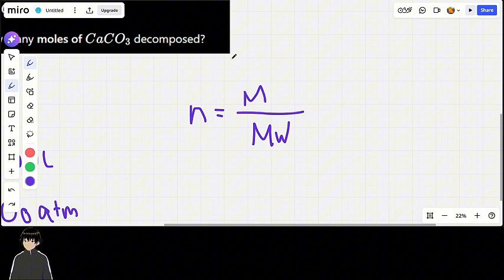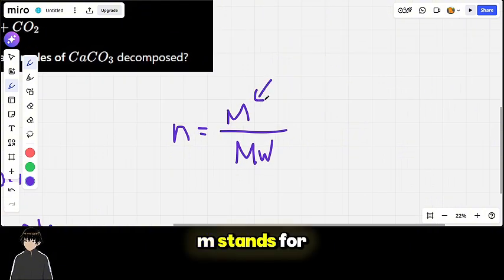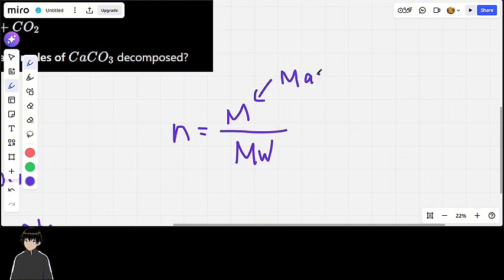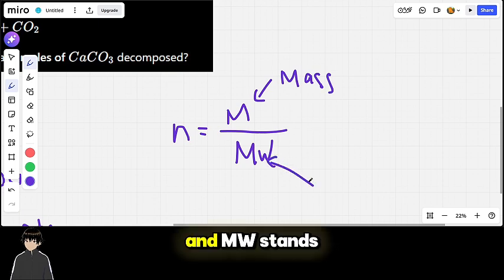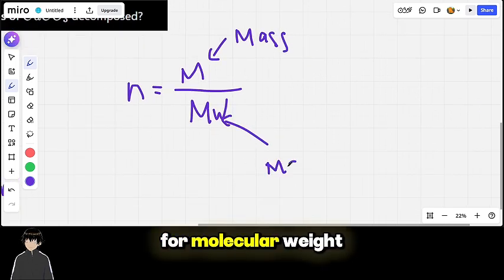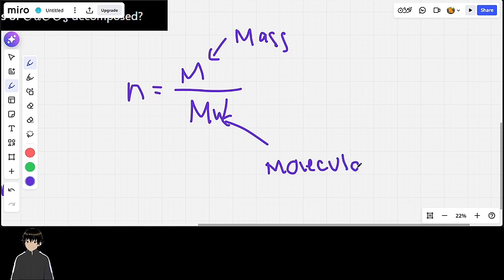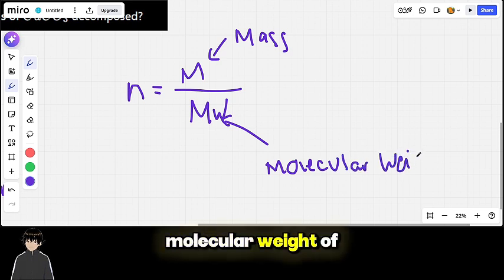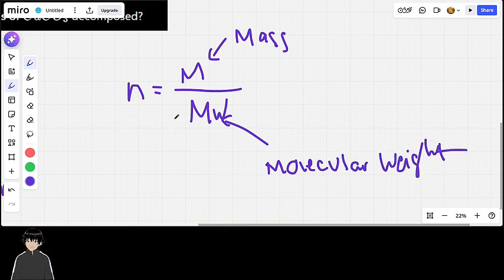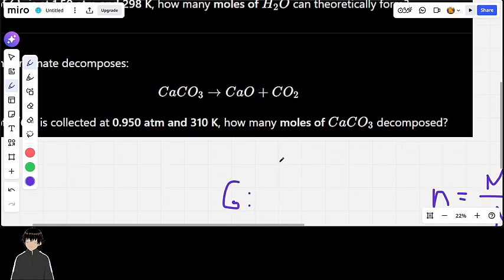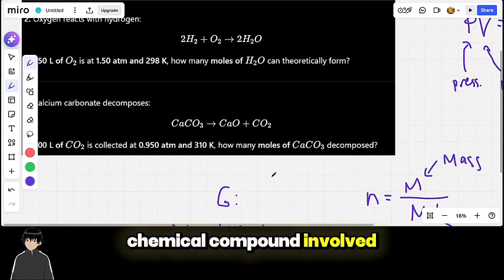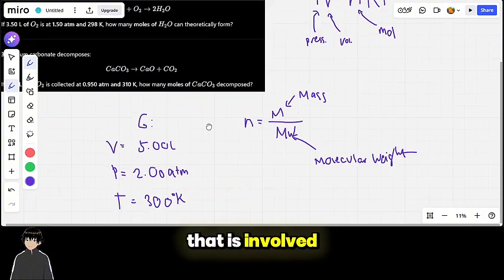M stands for mass, and MW stands for molecular weight, which is the molecular weight of the chemical compound involved, or the element that is involved.